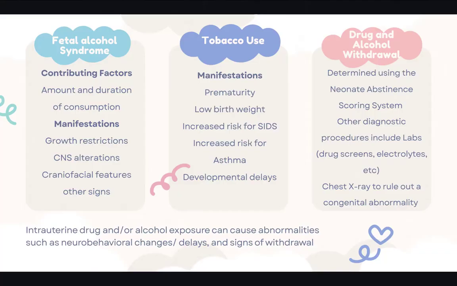We'll talk about it. Asthma is another risk factor, as well as developmental delays. These babies are going to need super close monitoring because of that nicotine causing vasoconstriction, which is going to also reduce oxygen delivery to them just in general.